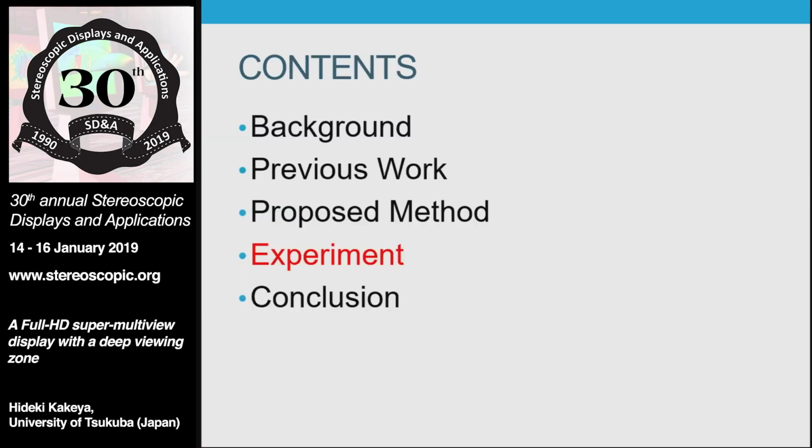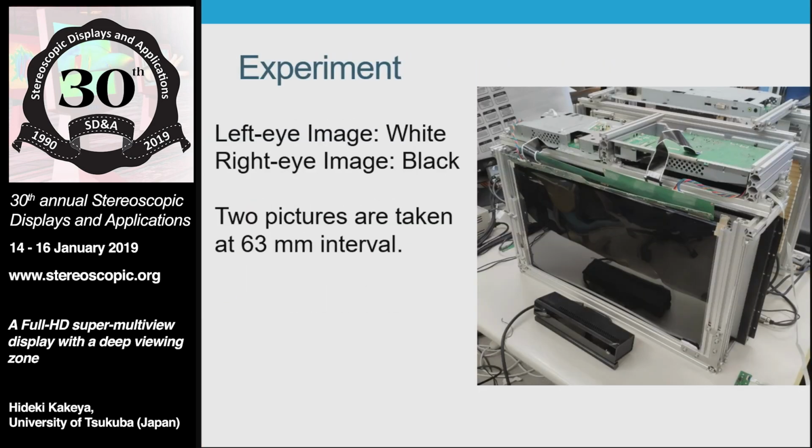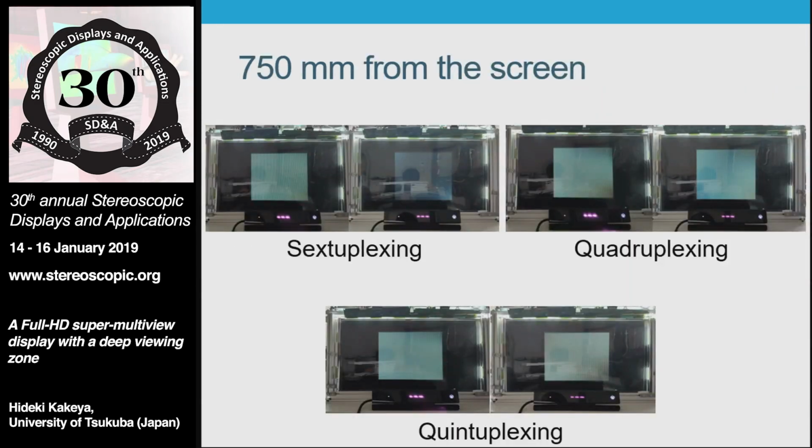So this is the experiment. This is the hardware I just made, and we're going to give a demonstration of this system in tomorrow's demo session. Here we show the white image to the left eye and the black image to the right eye.